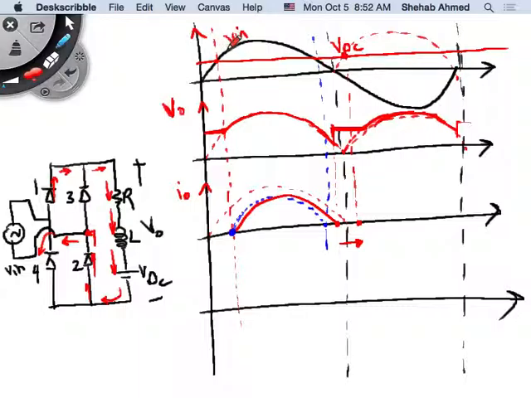To here? Yeah, but I don't care about here. I'm talking about the extinction point. If I raise the DC source on the left-hand side, fine, it will start later. I agree with that. But I was talking about the extinction point of the current. Is it going to move to the right or to the left?